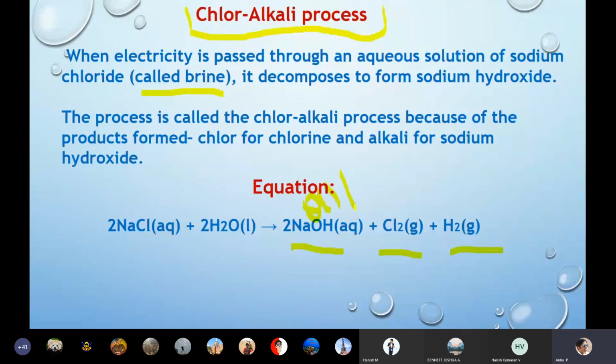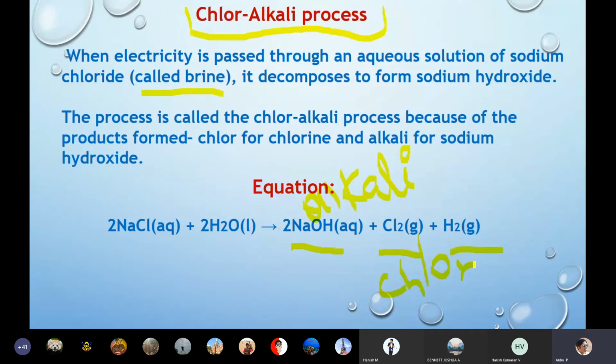Then it also releases chlorine gas, so the term chlor has been taken. When you combine chlor and alkali, it becomes the chlor-alkali process. When electricity is passed through the brine solution, it undergoes electrolytic decomposition that results in the formation of sodium hydroxide, chlorine gas, and of course hydrogen gas.